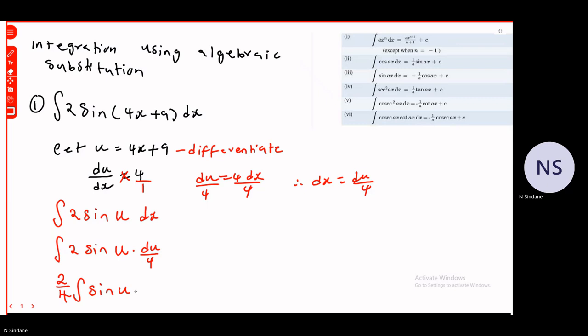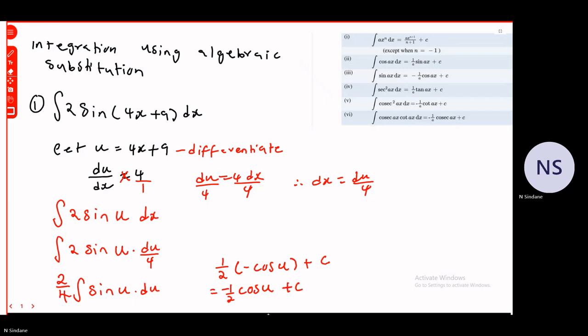Now it is easy for me to integrate sine u with respect to u. Integrating this, I'm going to have 1 over 2 into negative cos of u plus c. And then my solution is negative 1 over 2 cos of u plus c.